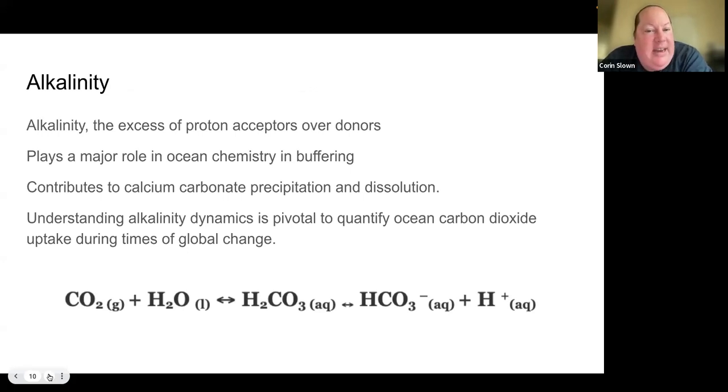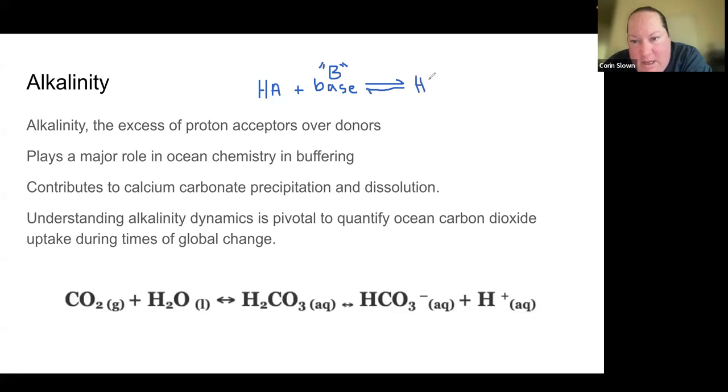Well, if you have an excess of proton acceptors over proton donors, and so if we think about our generic, we've used HA plus a base, which we'll refer to as B. That's going to form our conjugate acid, or HB, and our conjugate base, A minus.